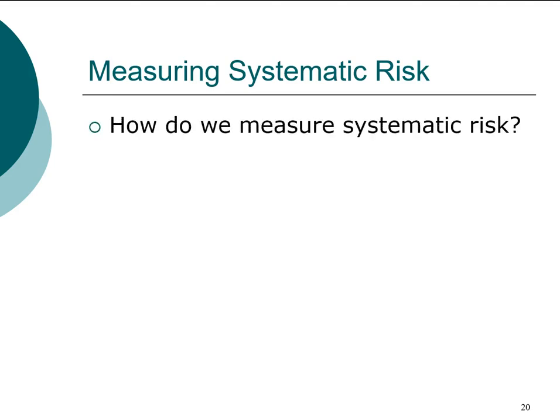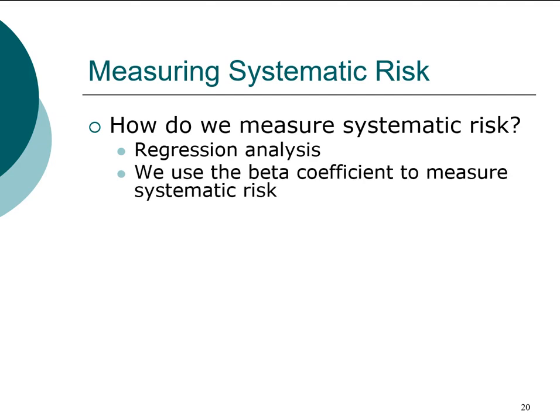We measure systematic risk by running regression analysis. And we will not go over how to do regression analysis in this class. All of you will take, or have taken, a statistics class or a quantitative methods class where they focus on regression analysis. What we are going to do here is remind you that when you run those regression analyses, you will get the results for computing systematic risk.